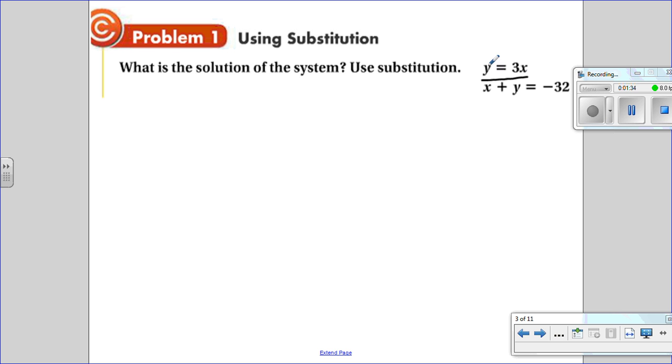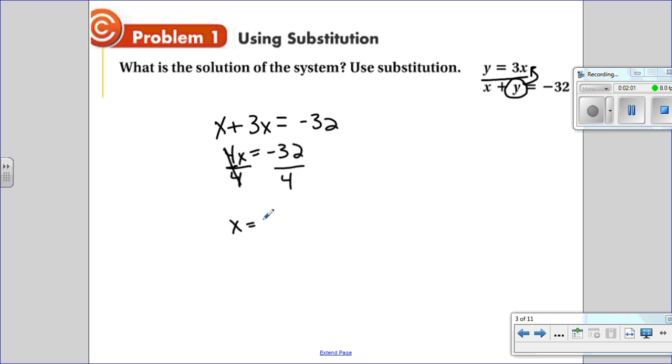We can replace y with what y equals, which is 3x. So now we can rewrite this as x plus 3x equals negative 32. Add those together, you get 4x equals negative 32. Solve for x, you get negative 8.